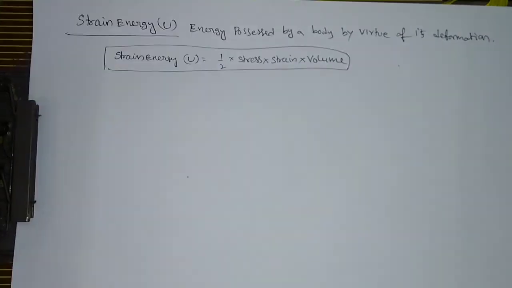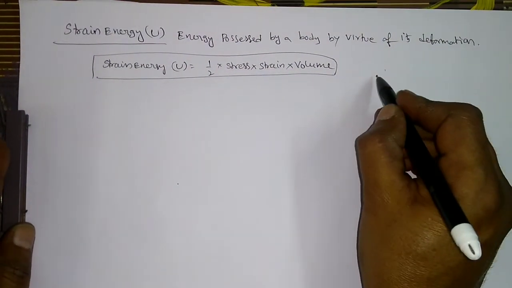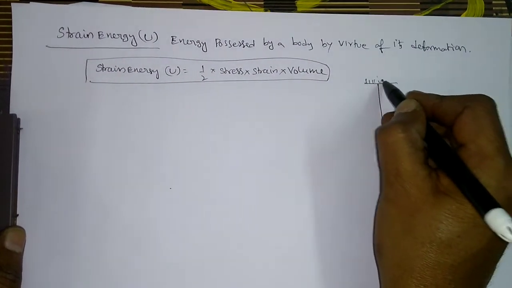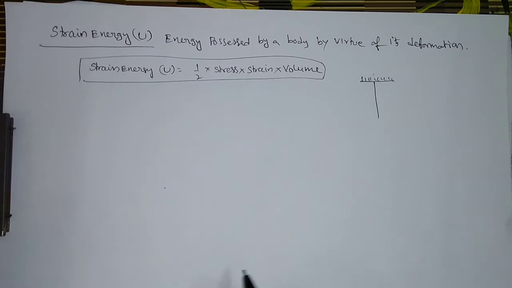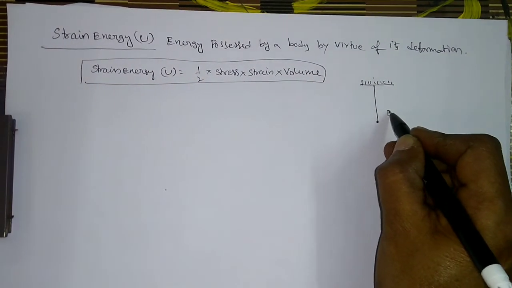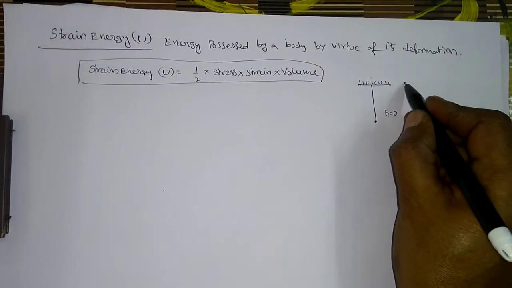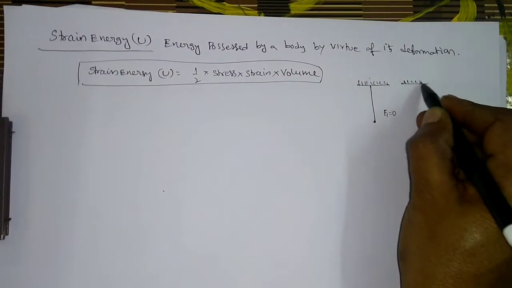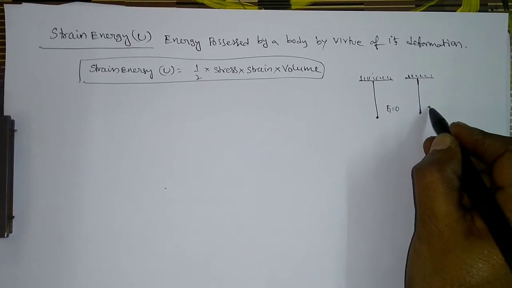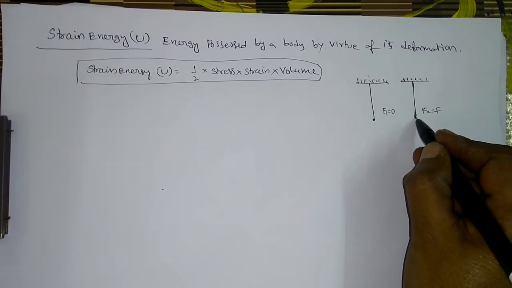So how can you derive this strain energy? For this explanation, I am considering a wire which is suspended from a rigid support. Initially, there is no force applied on it, so F1 is equal to 0. If you apply some force F2 equal to F on this wire, the wire will be elongated.